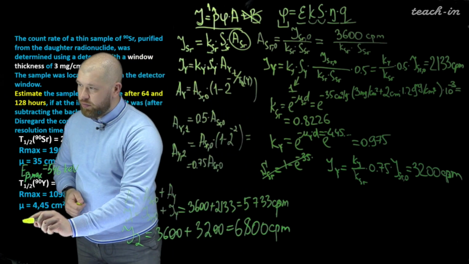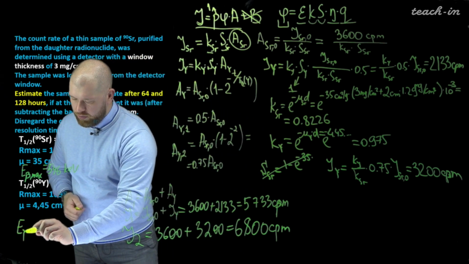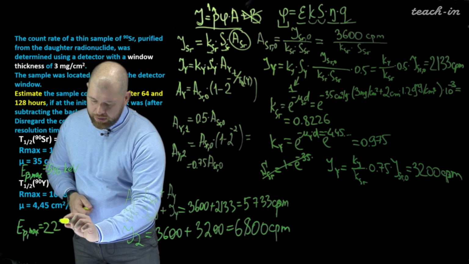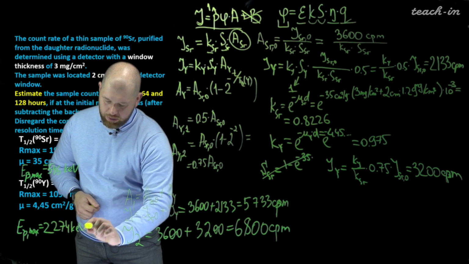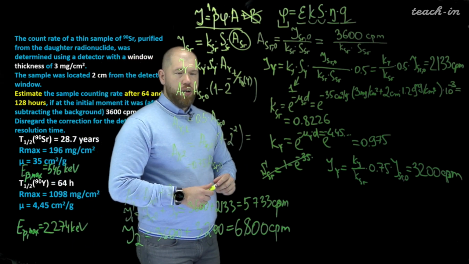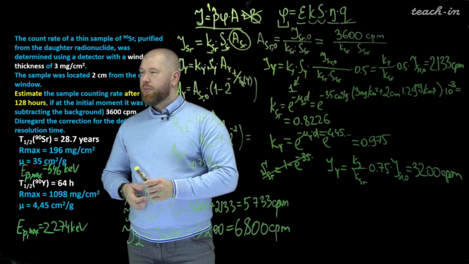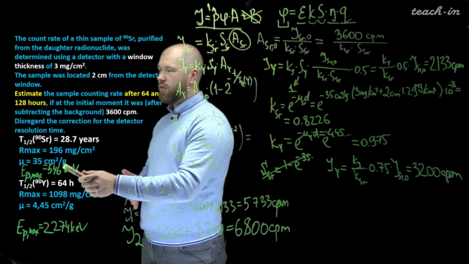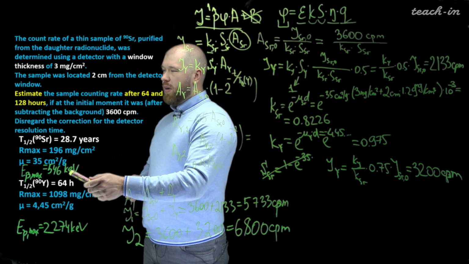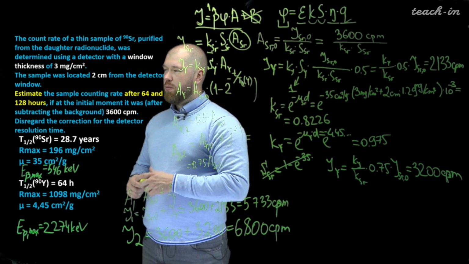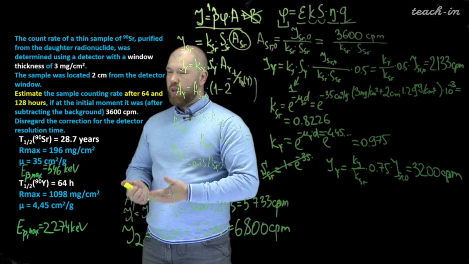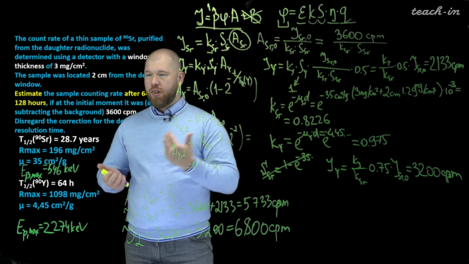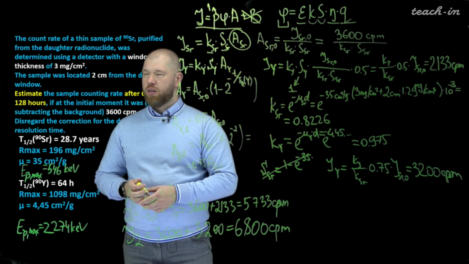And for yttrium, the maximum energy of beta particles is 2274 kiloelectron volts. Thus, you can clearly see that the mass attenuation coefficient is much smaller for beta particles with high energy. Again, that means that beta particles with high energy can easily penetrate matter.